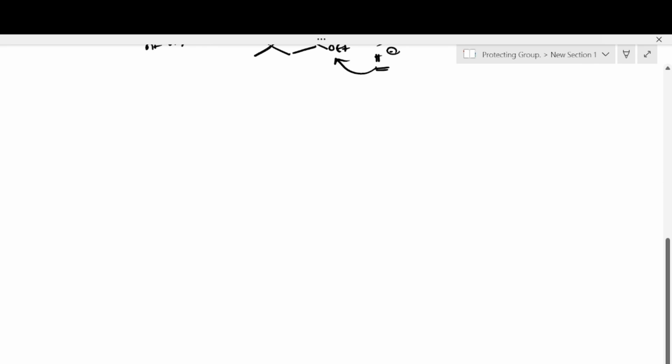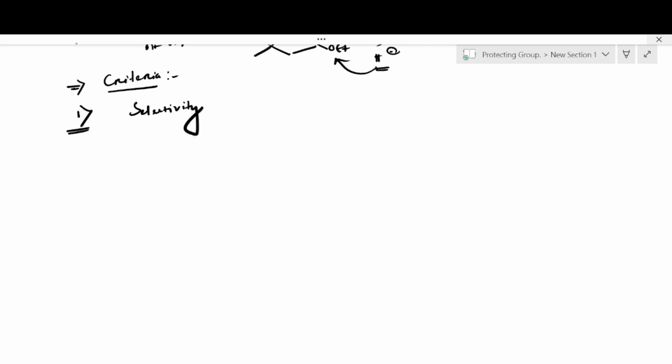So there are different criteria to choose a protecting group. What are the criteria? The first criterion for a good protecting group is selectivity. Selectivity means kinetic chemoselectivity.